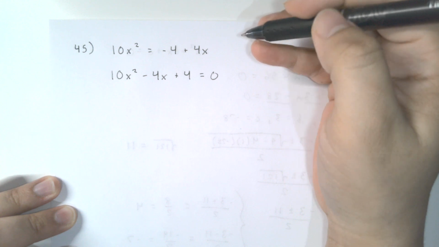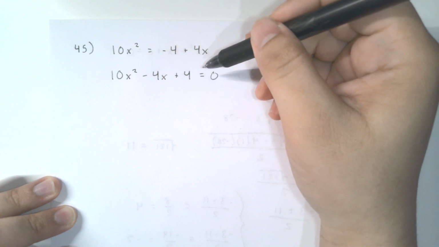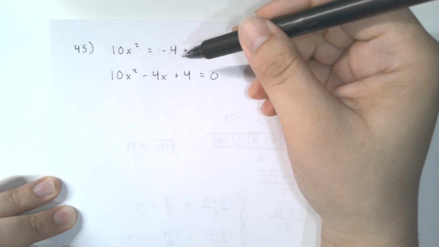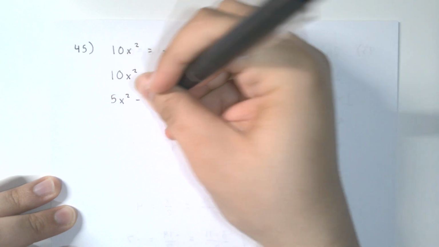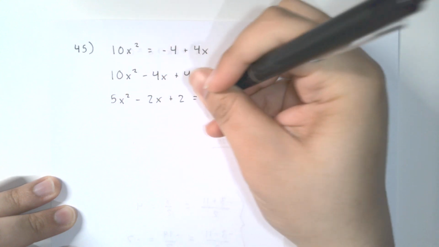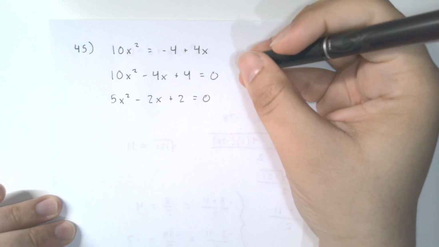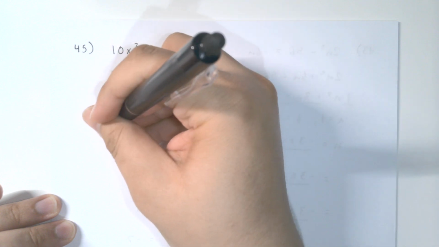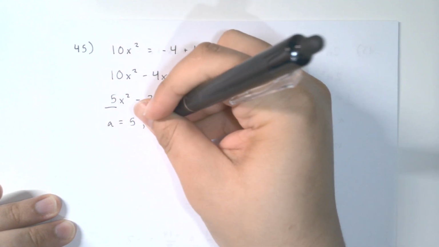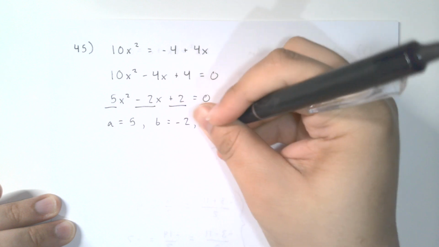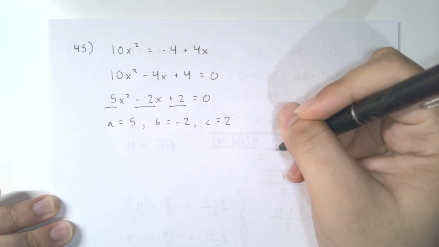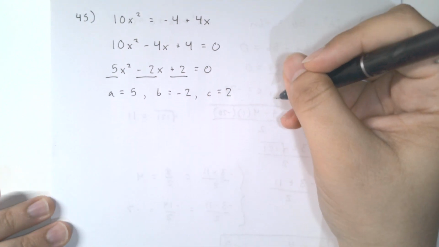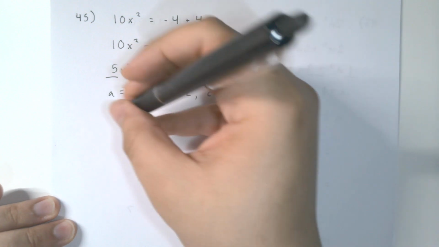Then we want to check if 10, 4, and 4 are divisible by any numbers. The biggest one that all of those are divisible by is 2. So we have 5x squared minus 2x plus 2 is equal to 0. We identify our a, b, and c. We have a is equal to 5, b is equal to negative 2, c is equal to 2. And we plug into our quadratic formula.